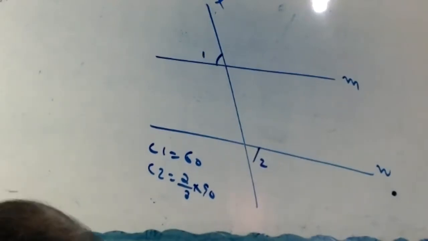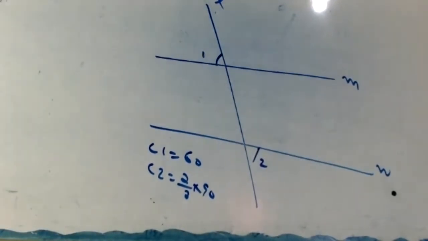Right angle means 90 degrees. Prove that M is parallel to N.